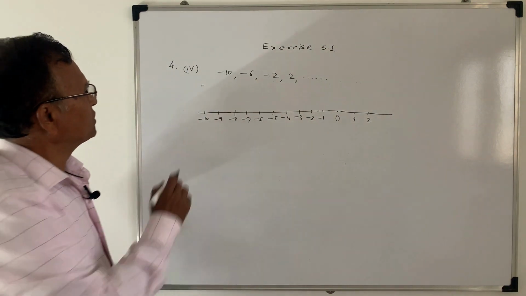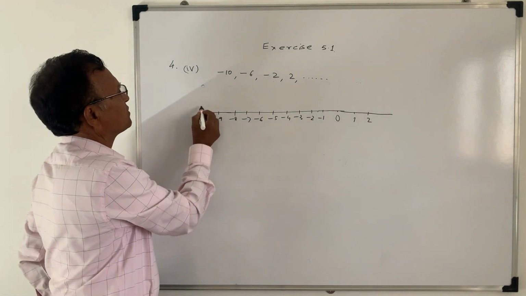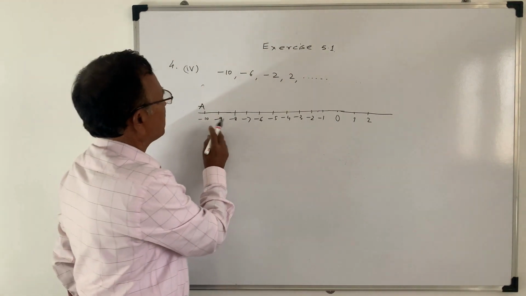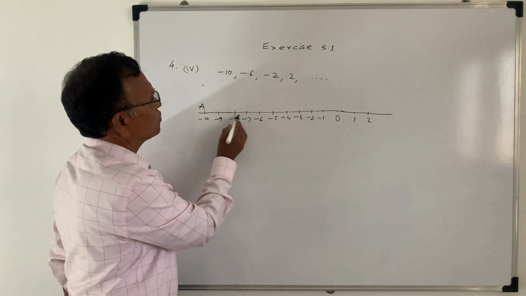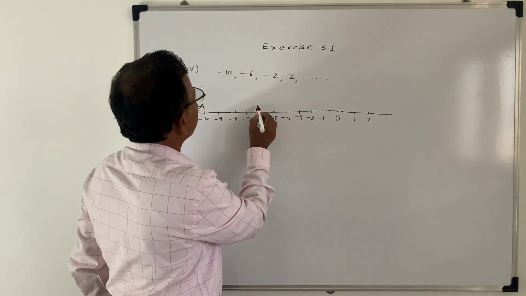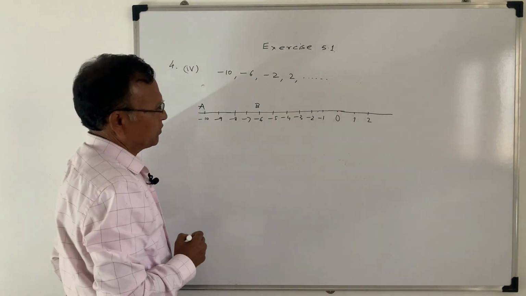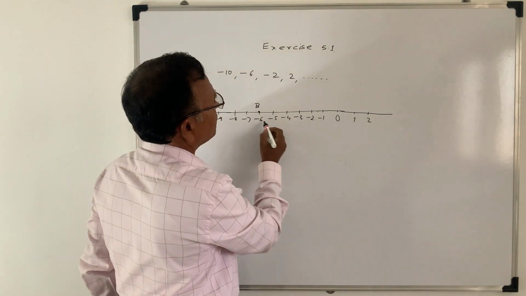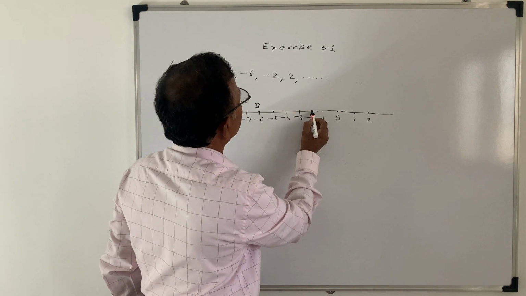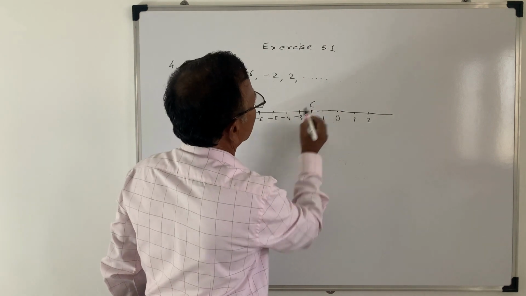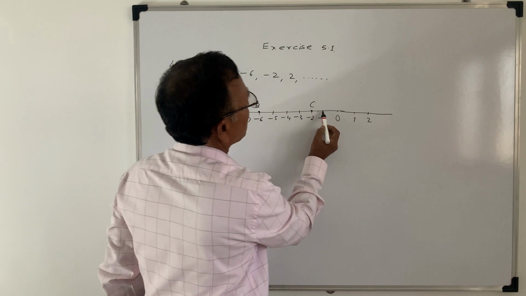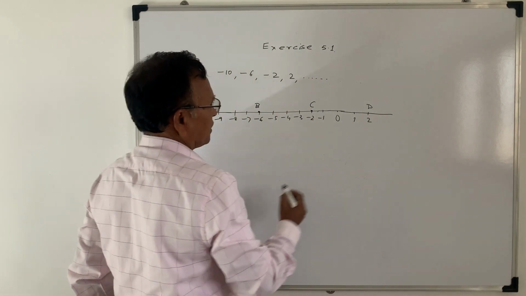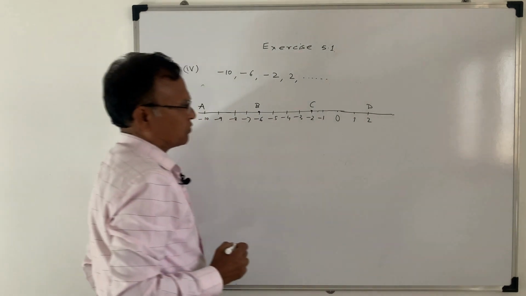So here minus 10, this first term is here at, say, point A. The next term, by adding 4, 1, 2, 3, 4, you are getting here this term, point B, minus 6. By adding 4, you are getting minus 2. Here suppose it is 4. Again 1, 2, 3, 4, you are getting point D here, and you can continue in this way.